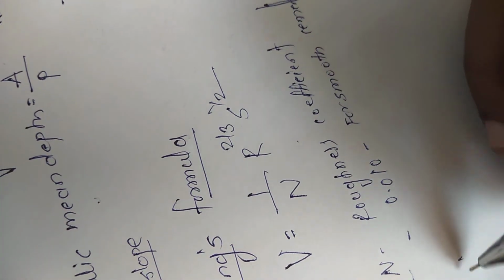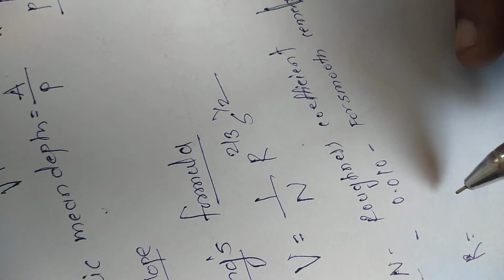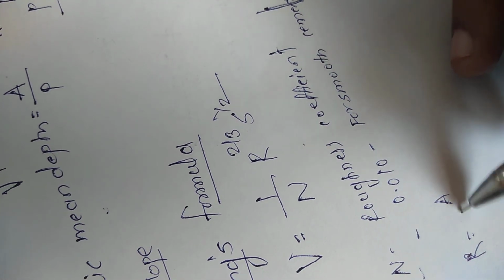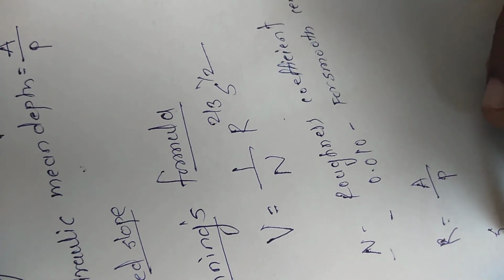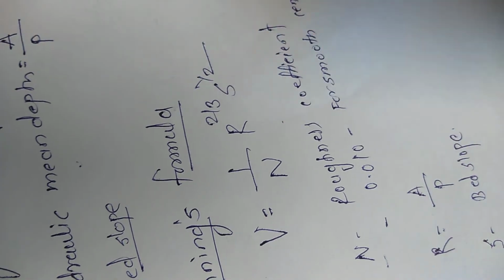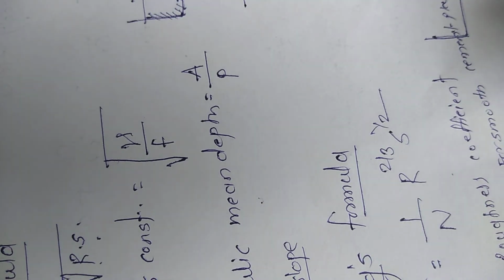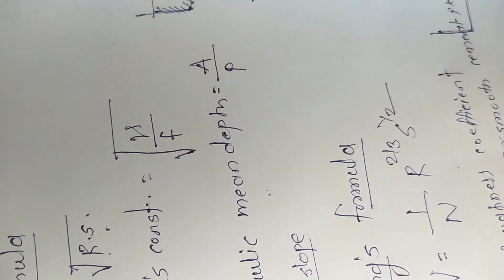Similarly, R is the same hydraulic depth, found out by the area of the section and the wetted perimeter, and S is the bed slope. So these two formulas are used to find out the velocities in open channel flow. Okay, thank you.